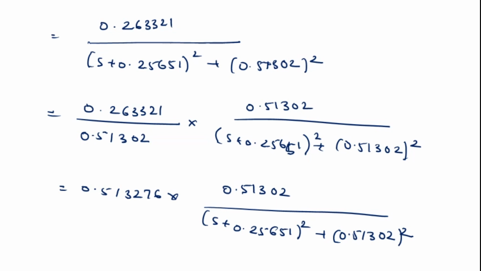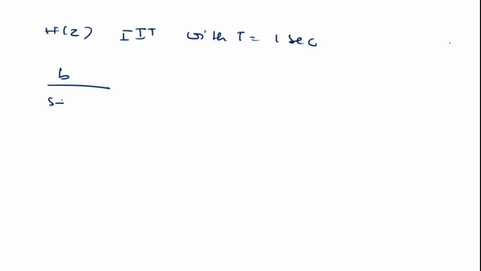Let us design H of Z using IIT with T equal to 1, once again, where H of S is in the form of B divided by (S plus A) whole square plus B square.